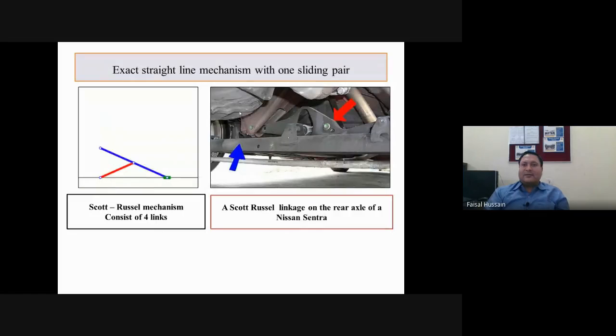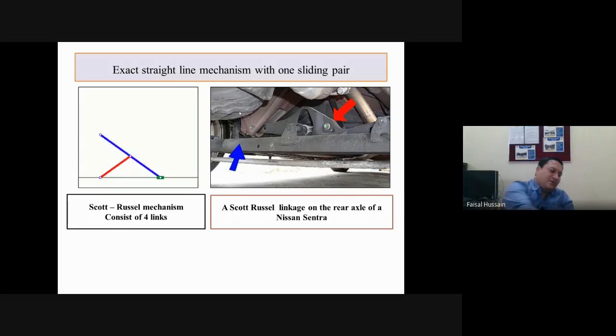Then the exact straight line mechanism with one sliding pair. So here, see, the Scott Russell mechanism is a modification of the single slider crank mechanism.